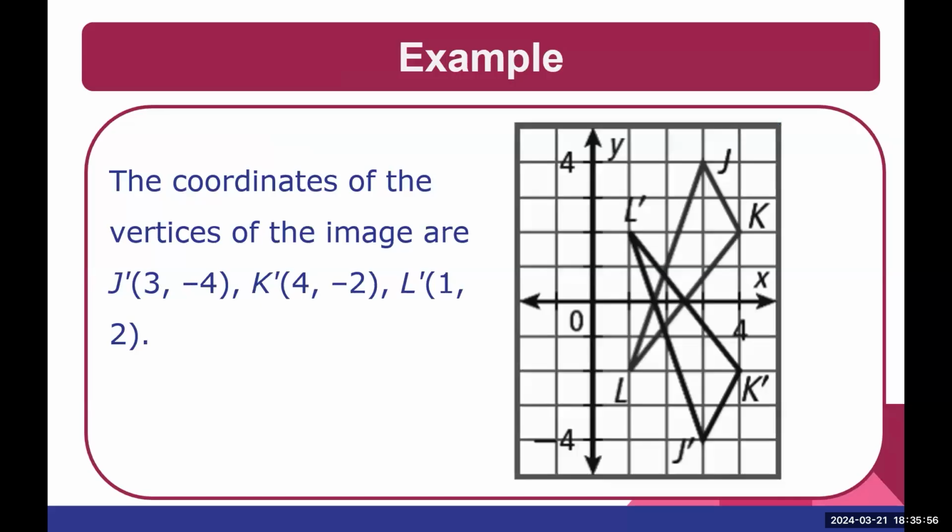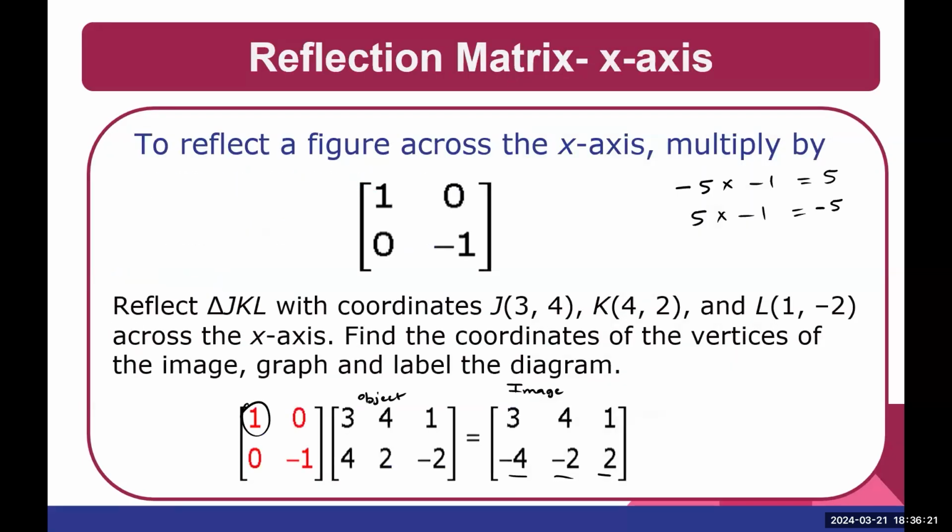And let's look at what this actually looks like on our graph. So JKL would be our object, while J prime, K prime, L prime would be our image. And the coordinates are given here, which we established around here.